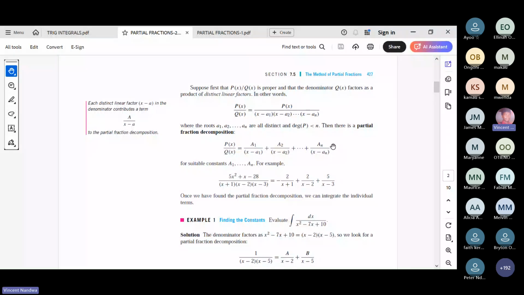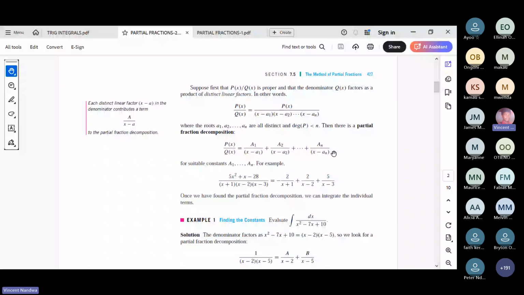So the question will be, how do you determine A1, A2, all the way up to An?